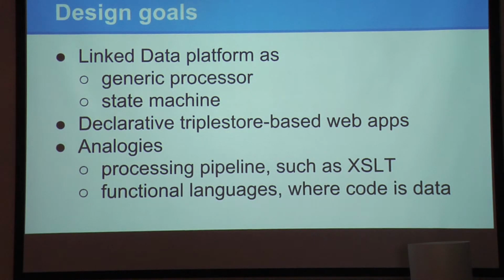So over time, the design goals turned out to be the following: that we want the platform to be generic software and work as a processor. In the same way, it's also a state machine through which the declarative description of the application runs, and then the processor responds to requests.